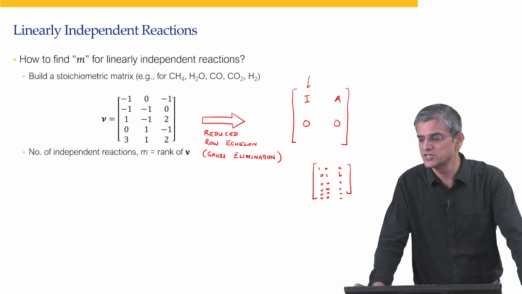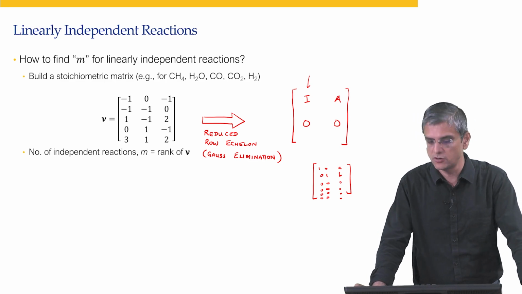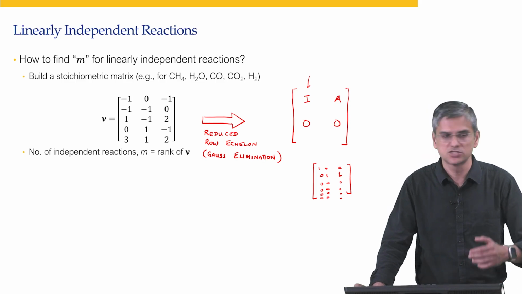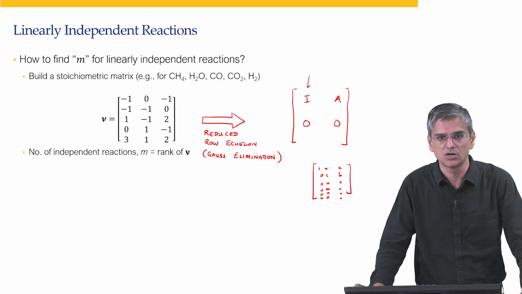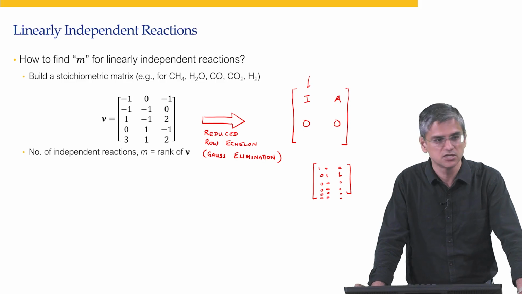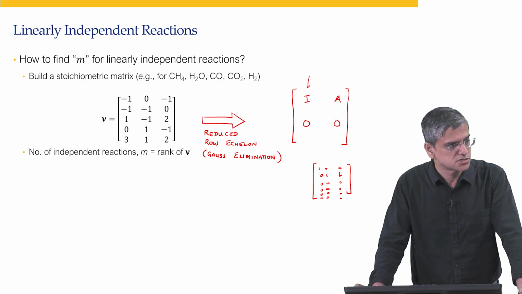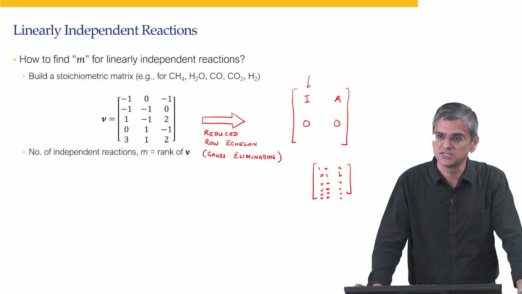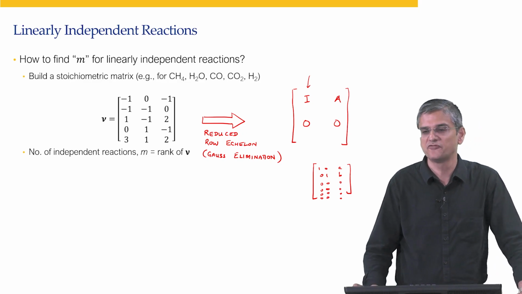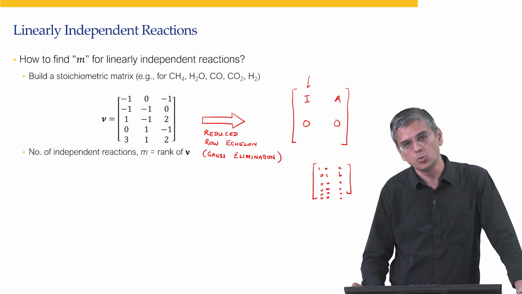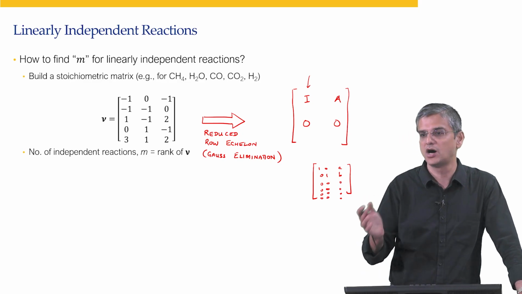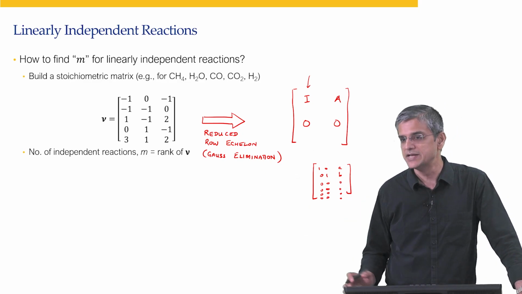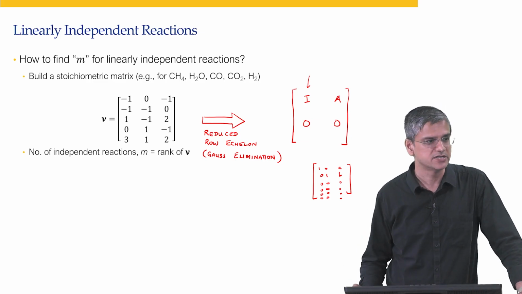You can use a very straightforward way of using Gauss elimination, or you can use something taught in an undergraduate course in linear algebra, which is the use of null spaces and kernels. The null space of the overall matrix will give you an idea of how the dependent reactions are related to the independent reactions.